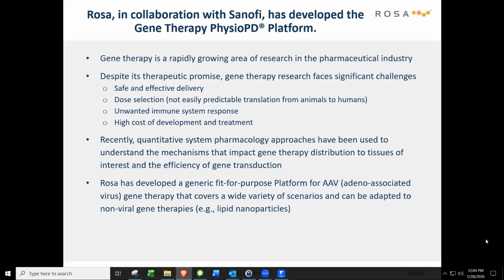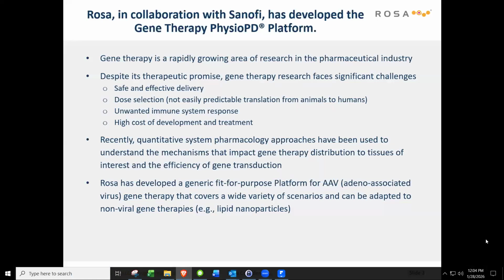Then there are sometimes unwanted immune system responses. And of course, this gene therapy research has a high cost of development and treatment.